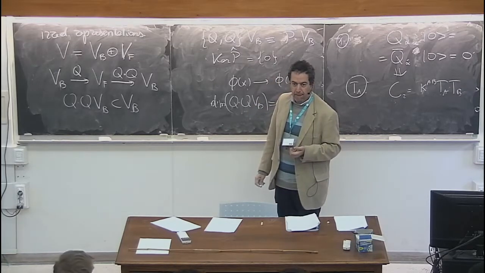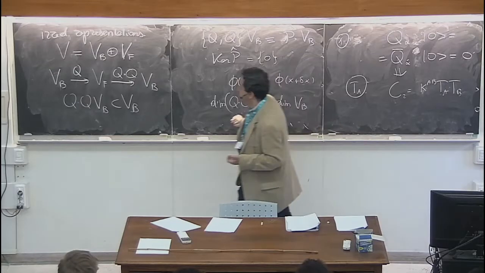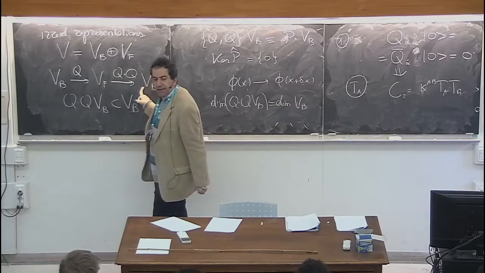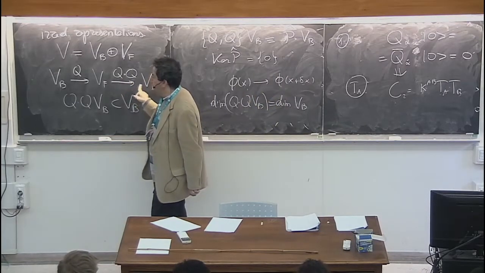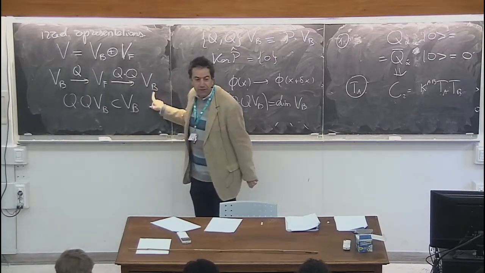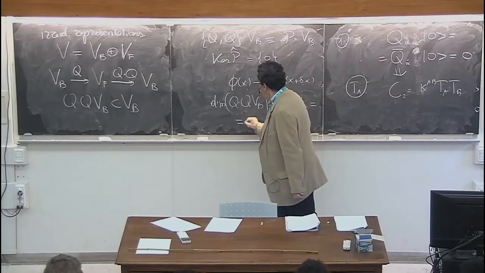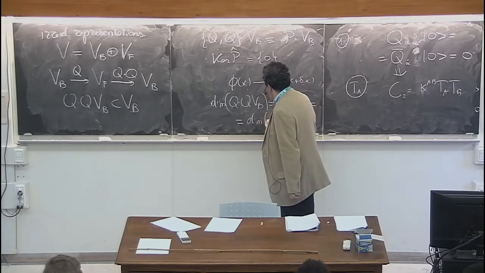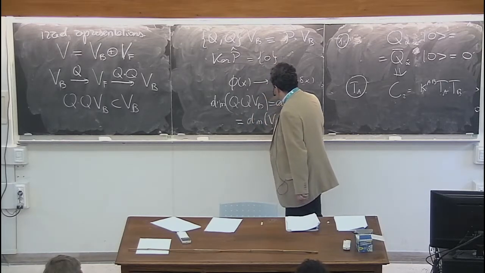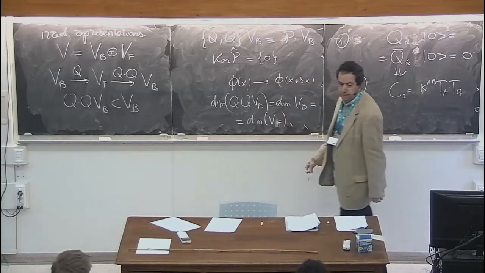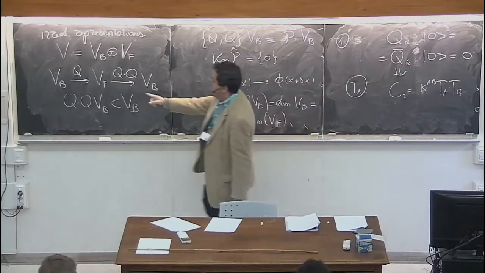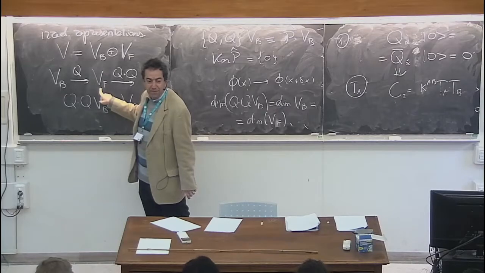The dimension of the image through Q times Q of VB is equal to the dimension of VB. But this implies that this is also equal to the dimension of VF, which is in the intermediate step.